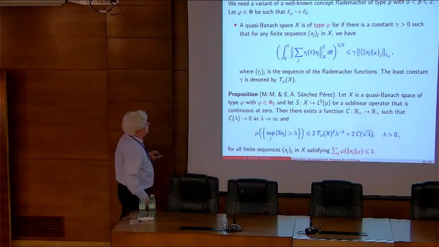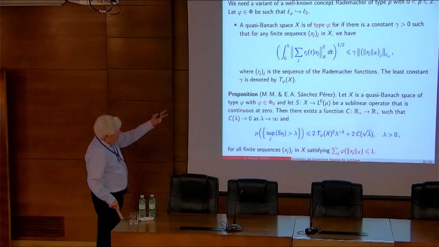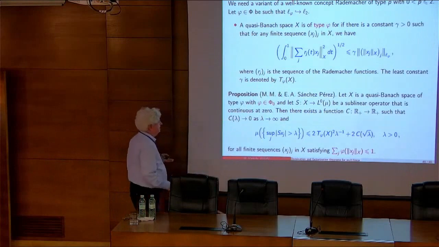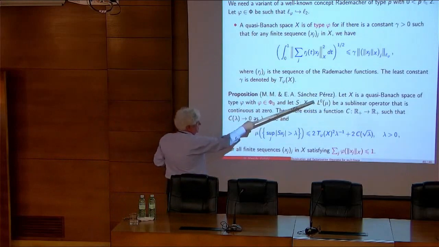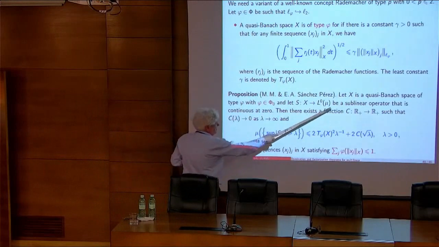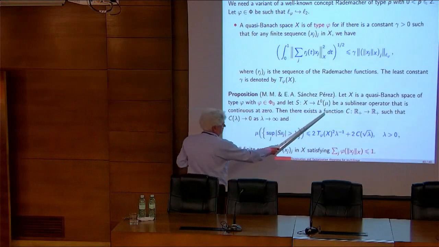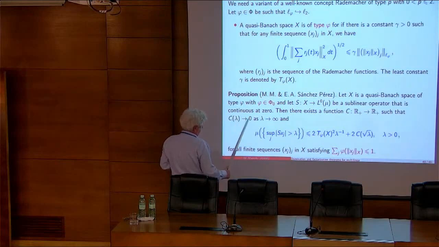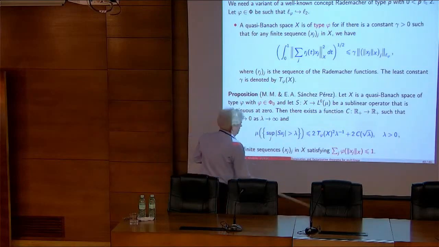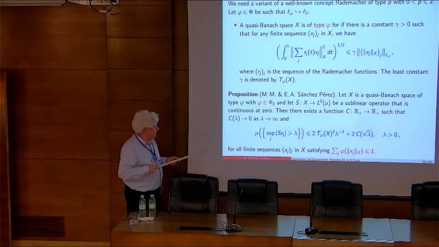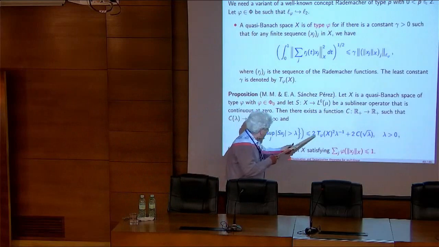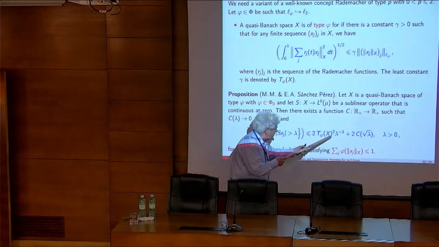Gamma is a universal constant, and the smallest one is the type phi constant for X. So the proposition says that whenever there is a quasi-Banach space of type phi, and S is a sublinear operator which is continuous at 0, then there exists a function from R plus to R plus, which approaches 0 whenever lambda approaches infinity, for which we have this estimation of the distribution of the maximal function via the type constant.